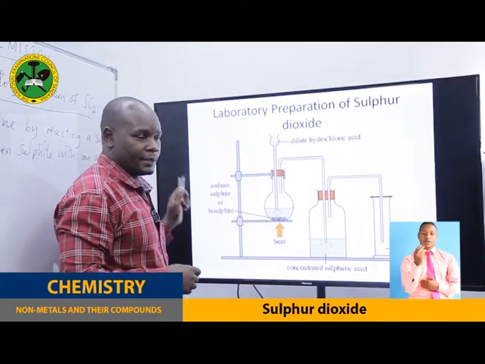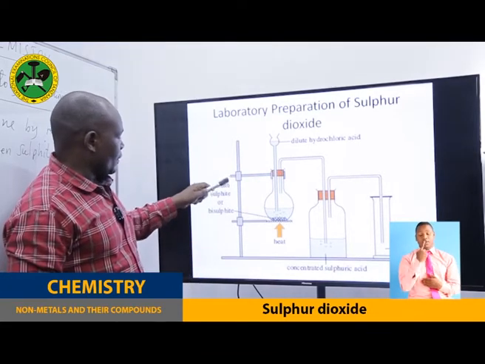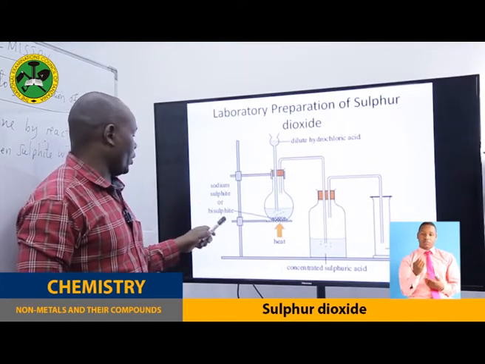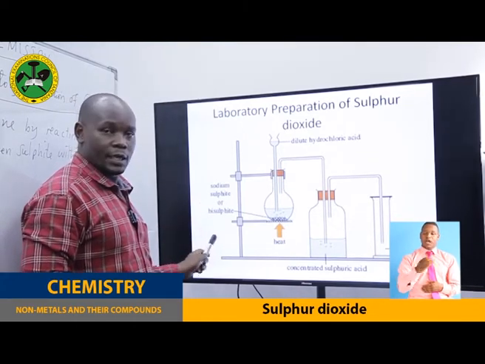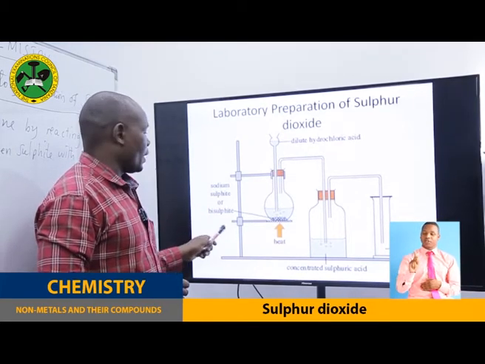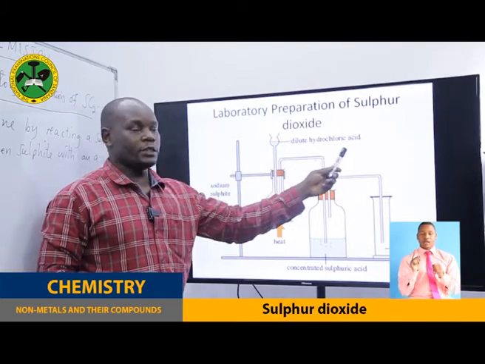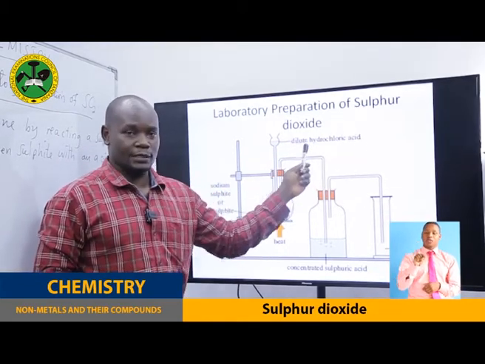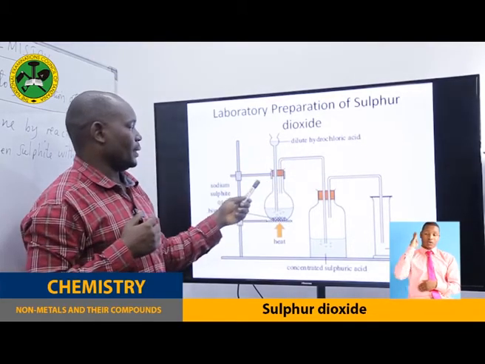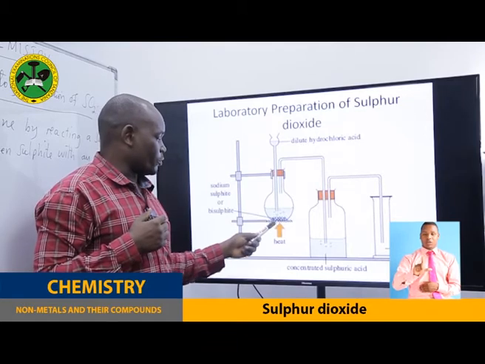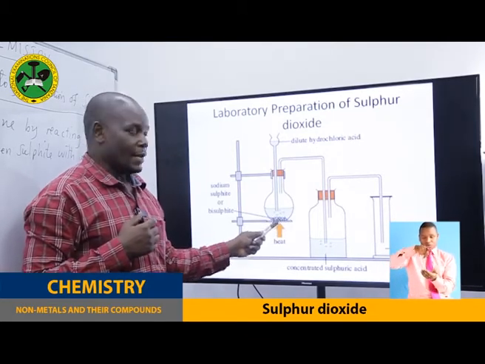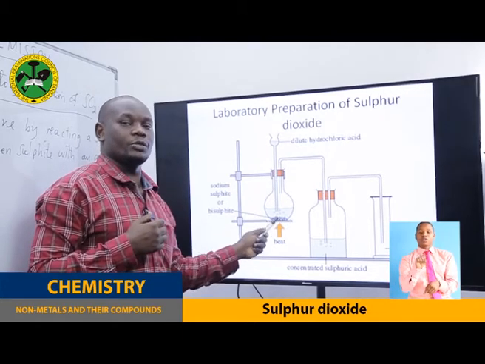As I have said, you need to have a sulfite, and here I have used sodium sulfite or bisulfite, which means it can be sodium bisulfite or potassium bisulfite. And you also need dilute hydrochloric acid or a dilute acid. So when the dilute hydrochloric acid is allowed to drop into the round-bottomed flask where there is a sulfite, a chemical reaction starts to take place.